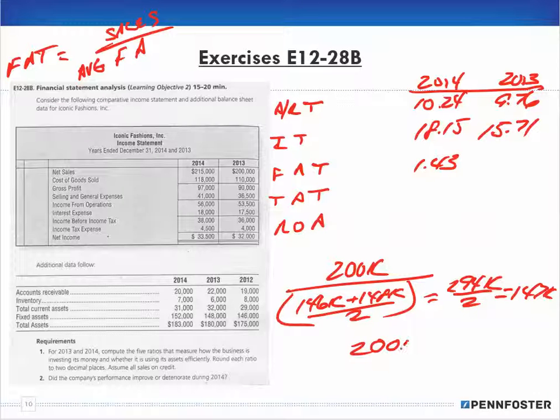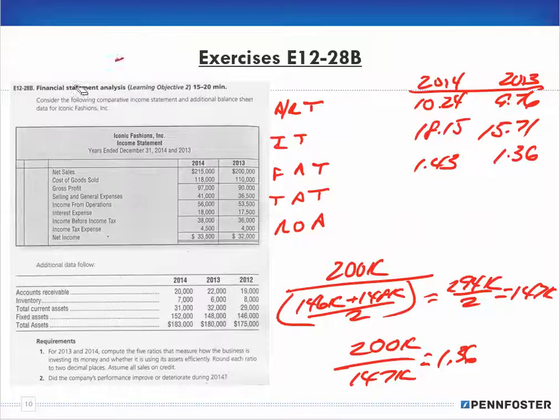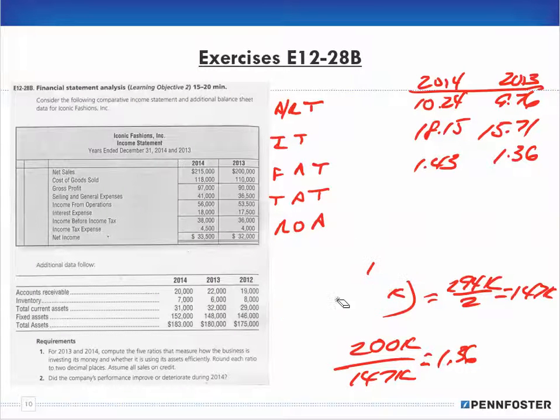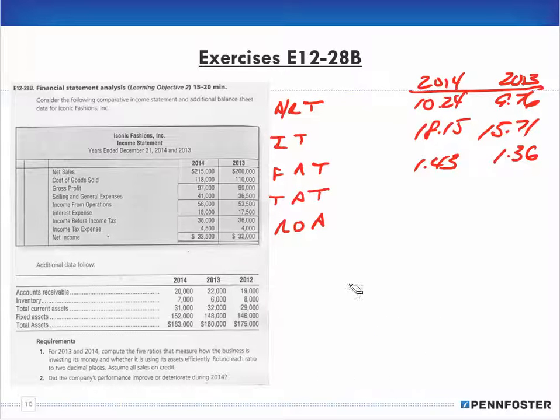So 200,000 divided by 147,000 is equal to like 1.36. So 1.36. Right, pause the video. Okay.